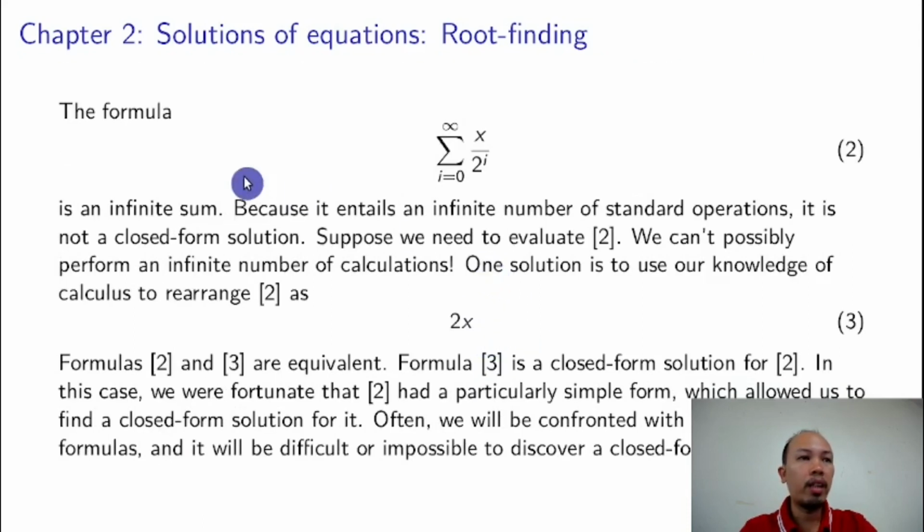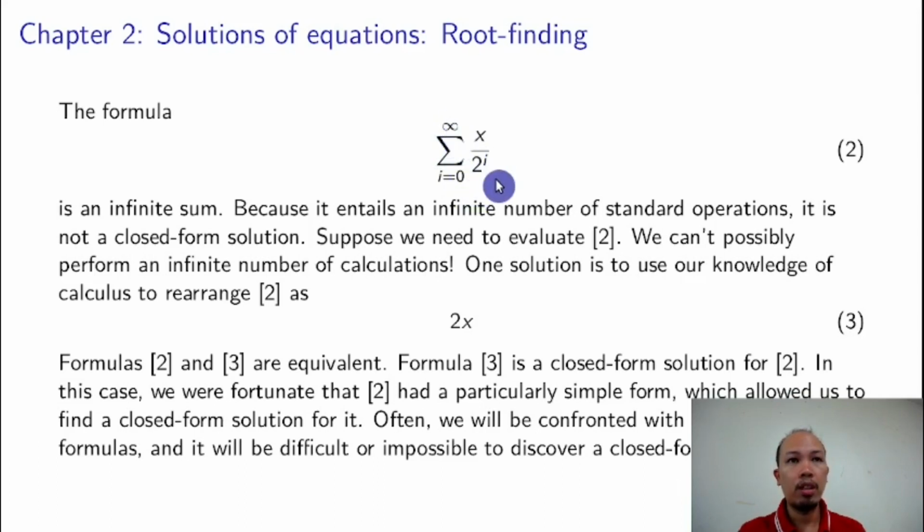For another example, if you have this equation 2, the summation of x over 2 to the i, where i starts from 0 to infinity, this is an infinite sum. As you have noticed, this is not a closed form because it involves an infinite number of operations.